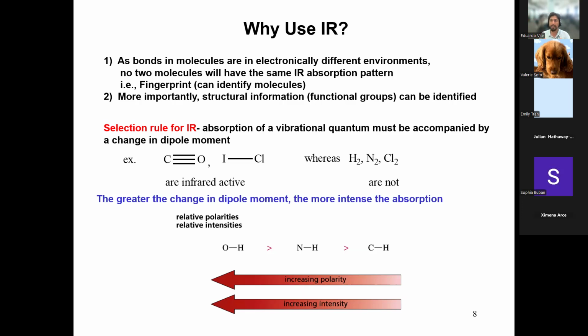And you might have something like carbon dioxide, where you have carbon and two oxygens on opposite sides of each other. If you're vibrating them at the same time symmetrically, even though you have a polar bond, the fact that they are canceling each other out and vibrating at the same time means that overall the polarity doesn't change, and therefore you are not going to see that on an IR spectrum.